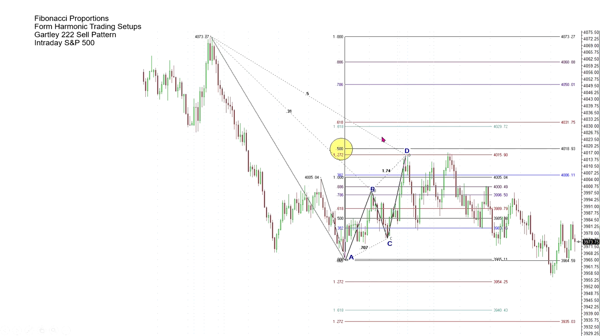So we have a number of ratios coming in at the same place. Not only do we have this ratio here, but the C to D leg is also the 127 on that as well. So there's a lot going on in this price area.